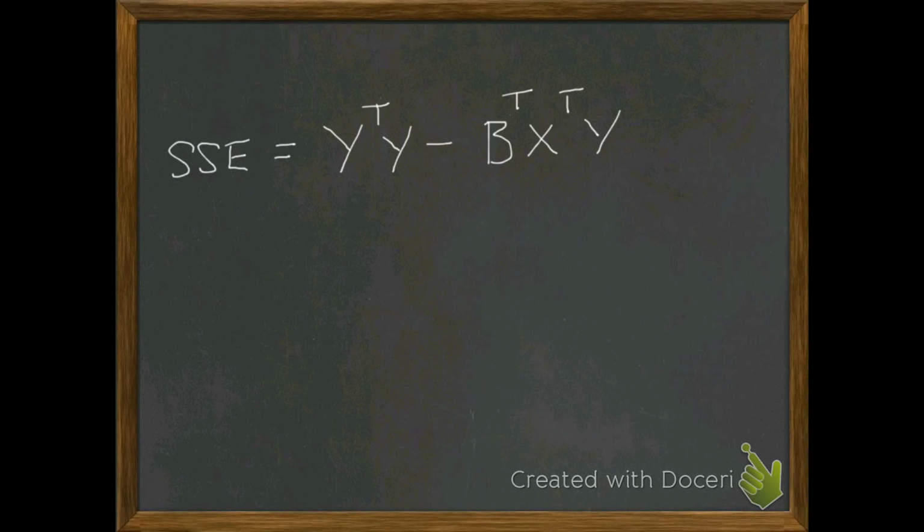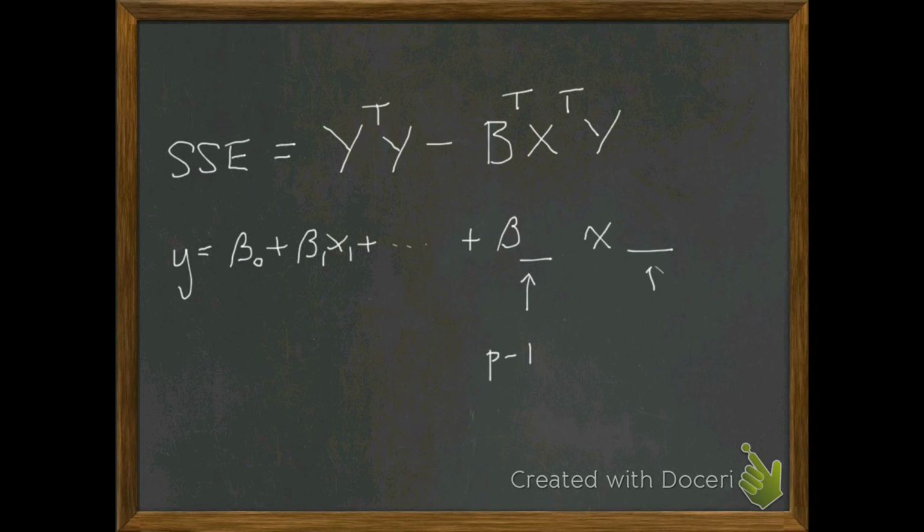Now, depending on how we set up our model, guys, I'm just trying to be thorough here, as having p minus 1 predictors, then our degrees of freedom for the error is going to be equal to n minus p.